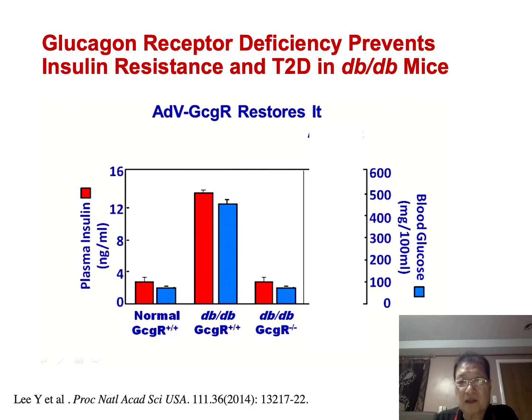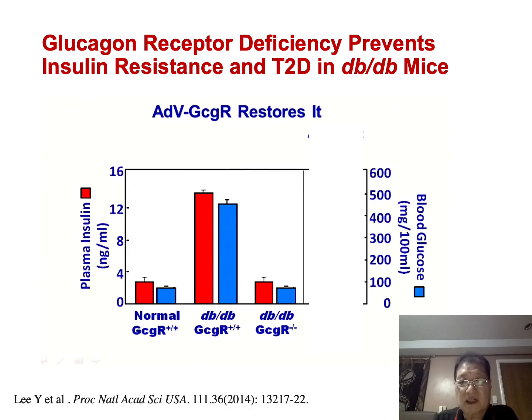For normal mice, you can see low insulin level and normal glucose level. In the middle, DBDB mice with the glucagon receptor showed increased insulin and glucose level.